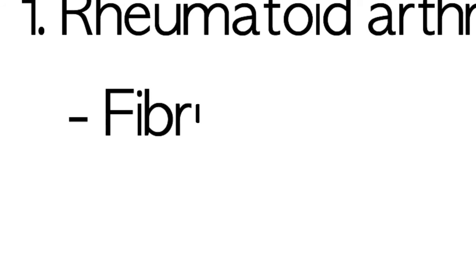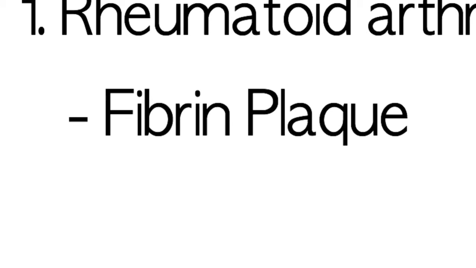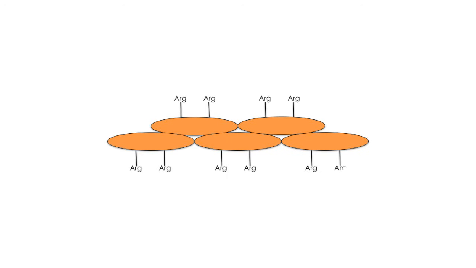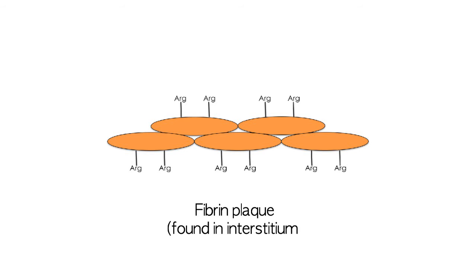Let's discuss the first factor that causes RA. It has been suggested that fibrin plaques found in synovial tissues are a possible cause of RA. Under normal circumstances, small amounts of fibrinogen and other procoagulant proteins can pass through the capillary wall and travel to the interstitium, where they are broken down into fibrin peptides and fibrin monomers, which can then polymerize to form plaques.